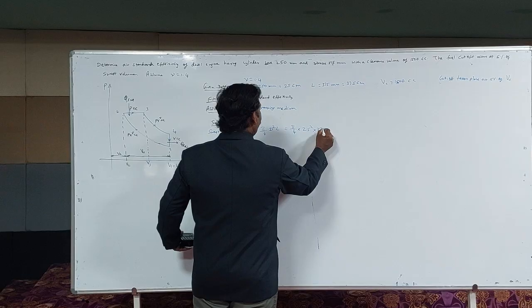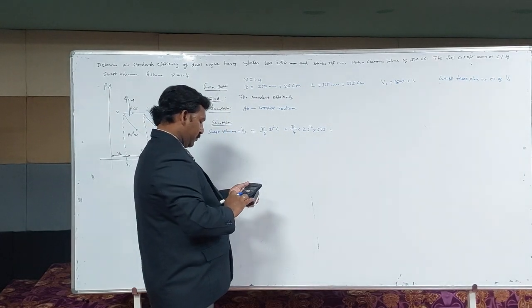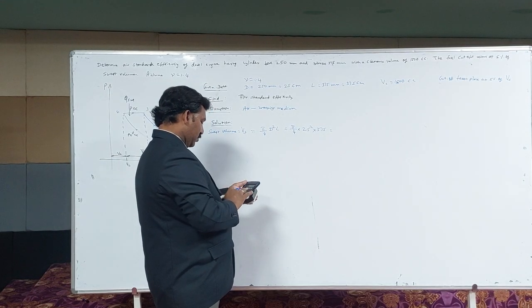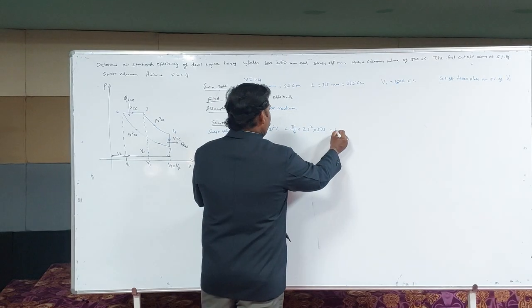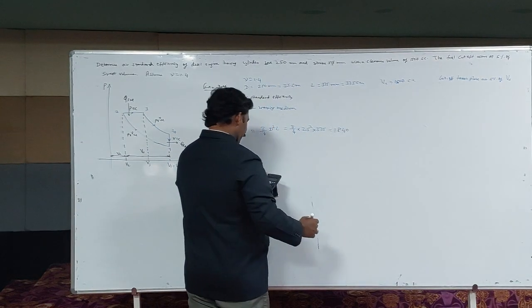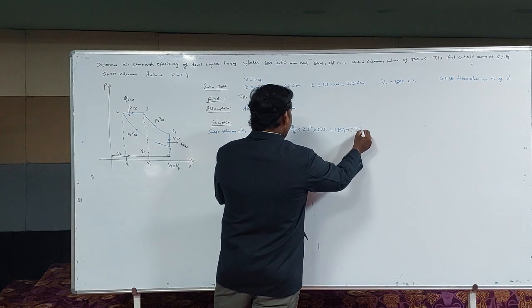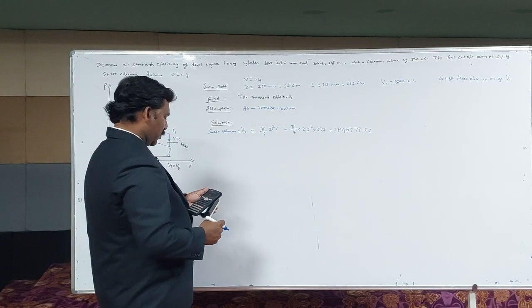So you get 18,407.77 cc, centimeter cube.